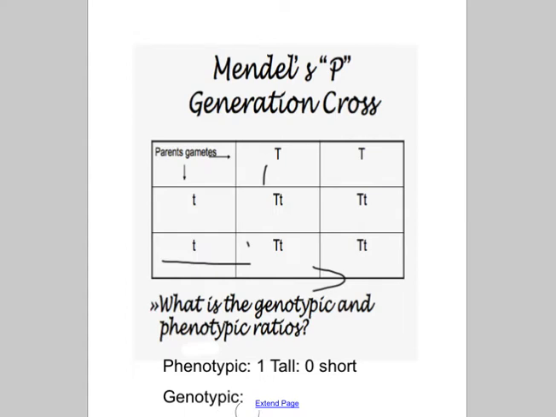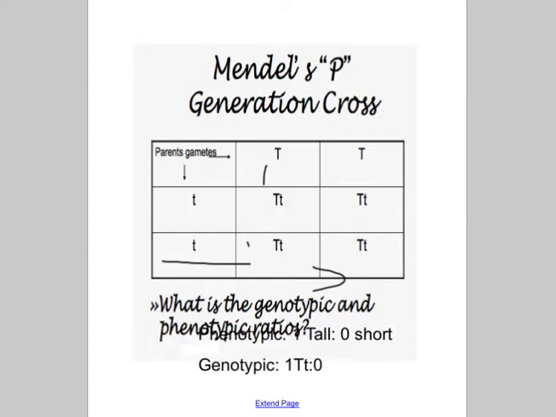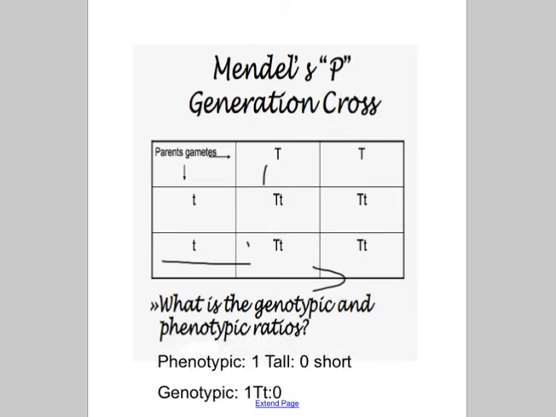They're all the same, so you have a 1 to 0. There we go. Now you'll notice for the genotype and phenotype that there's not just numbers, there's numbers and a description. 1 tall to 0 short. 1 big T, little t to 0.